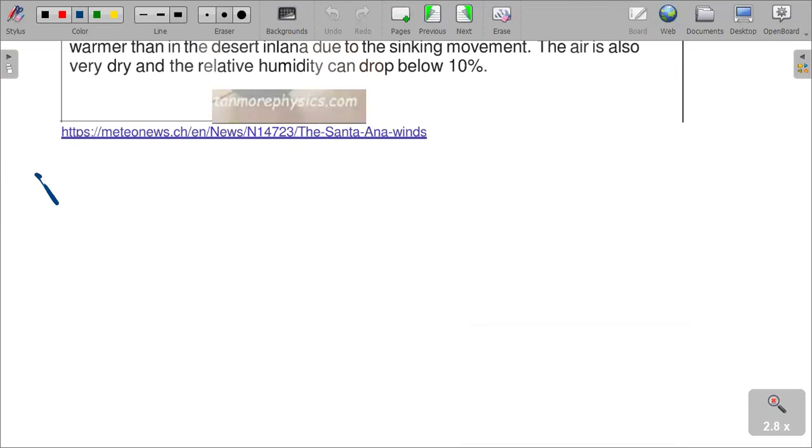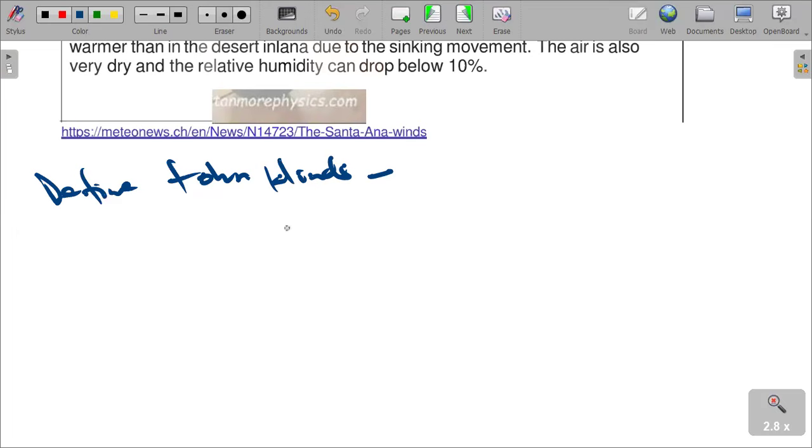Define foehn winds. Foehn winds are just winds. These are warm, dry winds that descend on the leeward slopes of mountains.